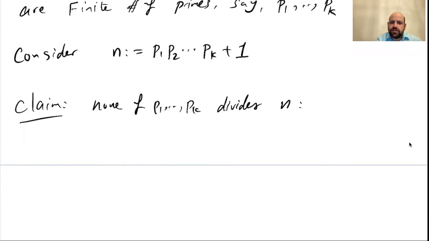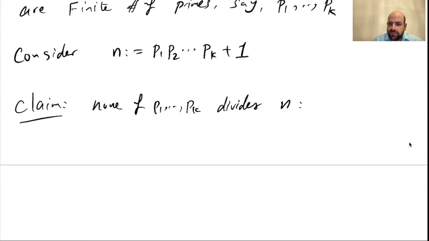If we can show this, then that means, because remember, P1 to Pk, I'm assuming that these are all my primes. I'm assuming there are finitely many primes and I'm calling them P1 to Pk. So according to my assumption, there is no other prime number other than P1 to Pk in the world.